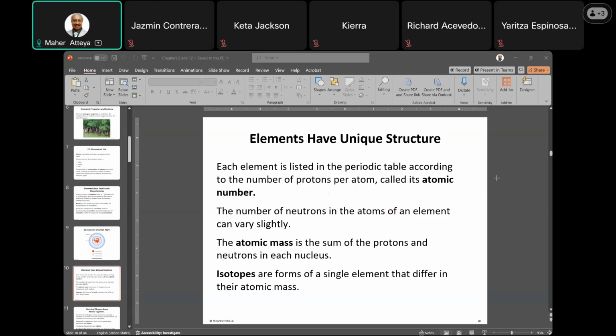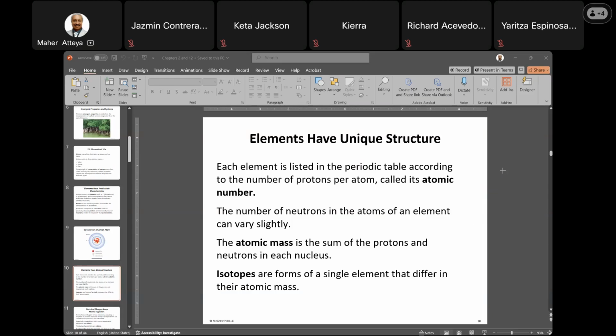If I have a carbon here, it depends on what textbook or periodic table you are looking at, you'll get 6 at the top or 6 at the bottom, whatever.